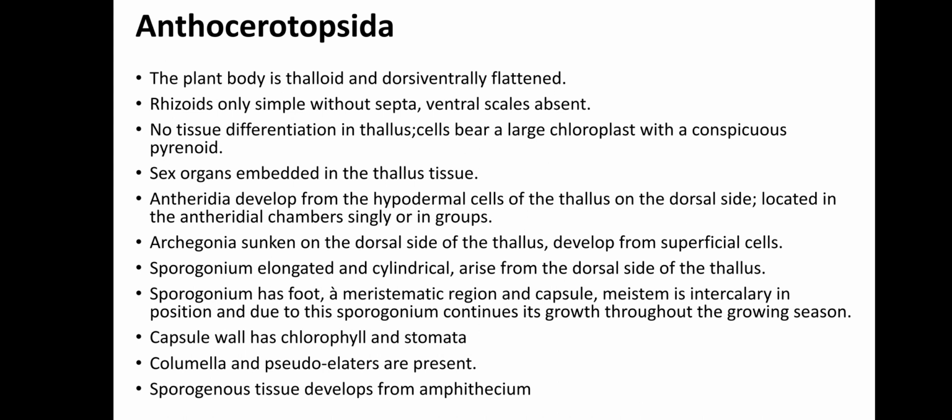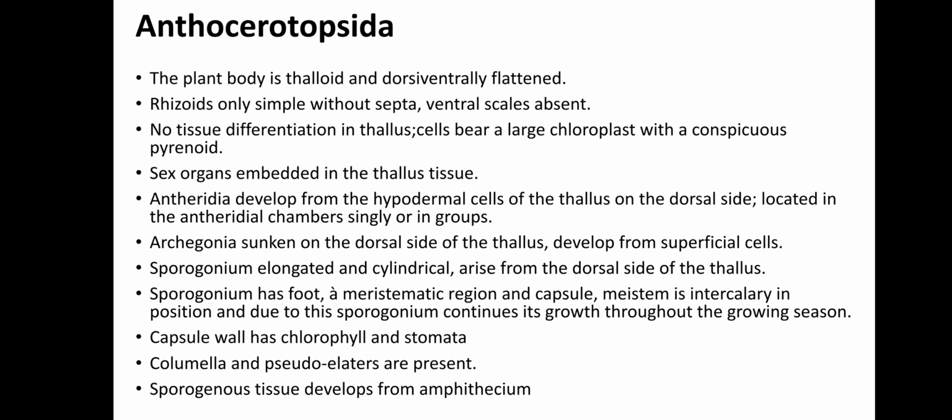Capsule wall has chlorophyll and stomata. The outer layer of the capsule wall has chloroplasts and stomata. Columella, a sterile part, is present inside the capsule, and pseudoelaters are present.